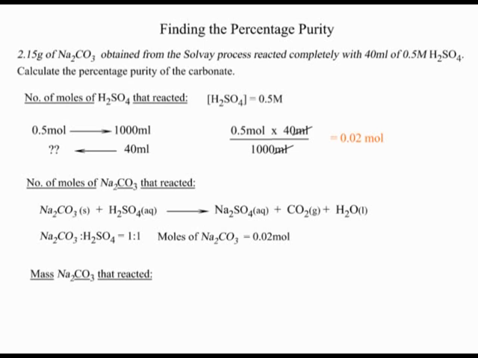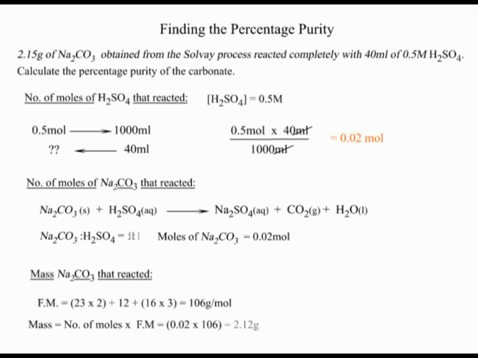The relative formula mass of sodium carbonate will be given by 23 times 2 plus 12 plus 16 times 3. That gives us 106 grams per mole. Mass is equal to number of moles times the relative formula mass. That is 0.02 times 106.